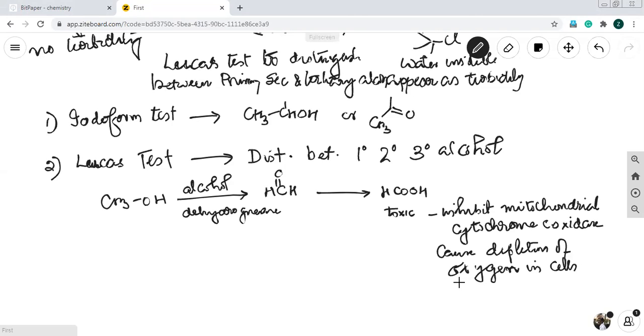Okay, and this will result in generation of excess acid in the body.